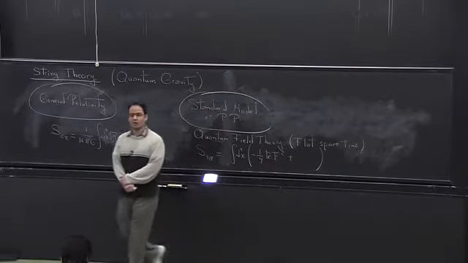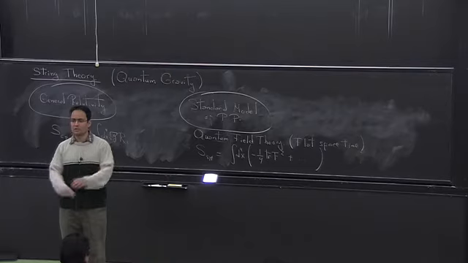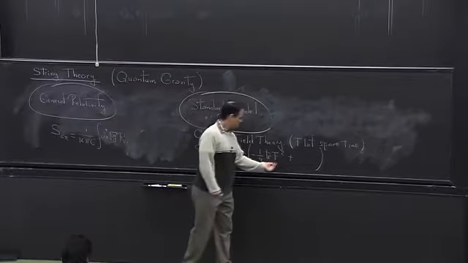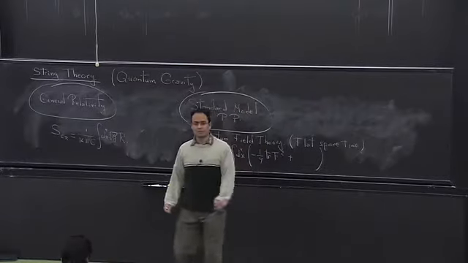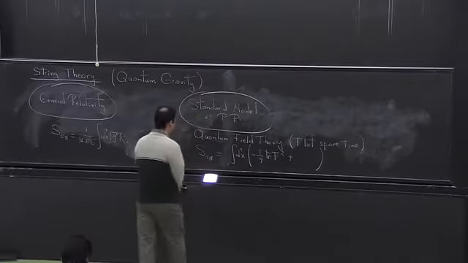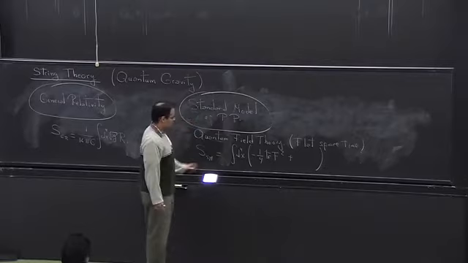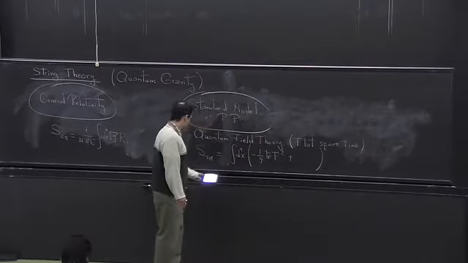Where this F squared stands for, I guess you know, the curvature of the gauge field. The field strength is the F, okay? So the standard model is a gauge theory, first of all, and it contains many factors like this. But what I want to stress is that it's a quantum field theory in flat space-time.